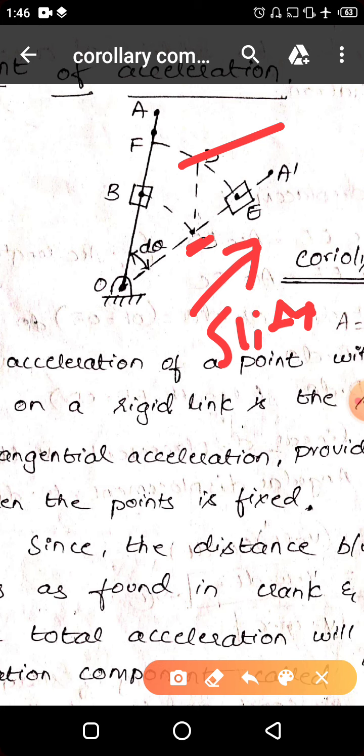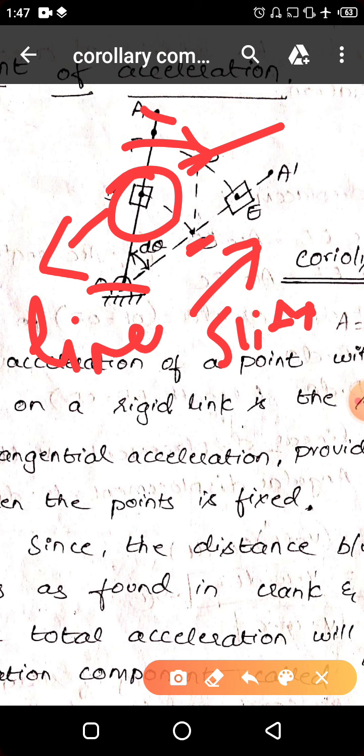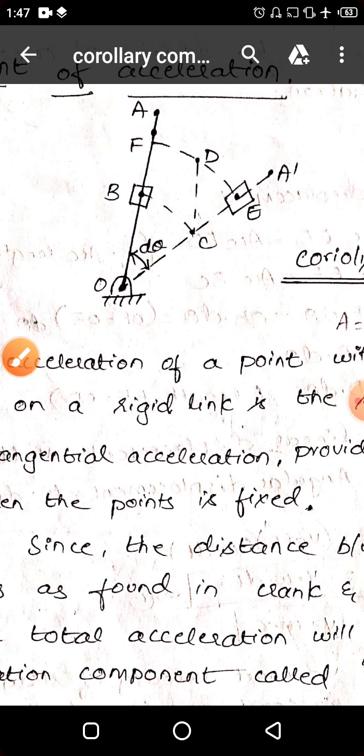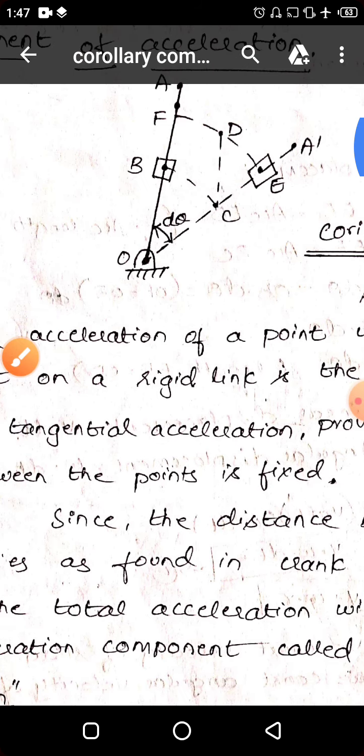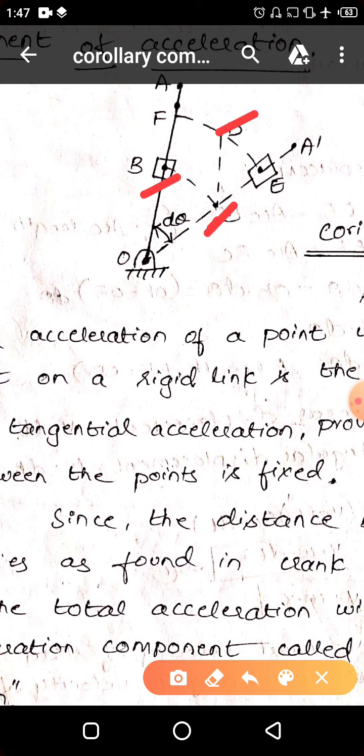Now the link OA is assumed to have here the angular velocity, and this slider B is assumed to have the linear velocity. Both the velocities of the two components are different here. Now one is having an angular velocity and the other is having a linear or sliding velocity. Now these two accelerations have resulted in the point B moving from point B to C and from C to D here.